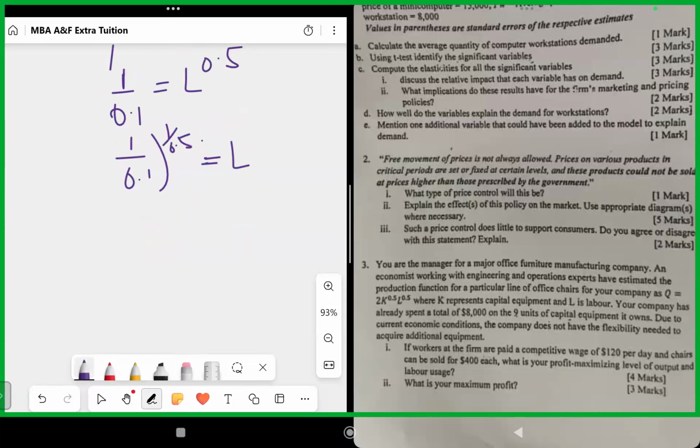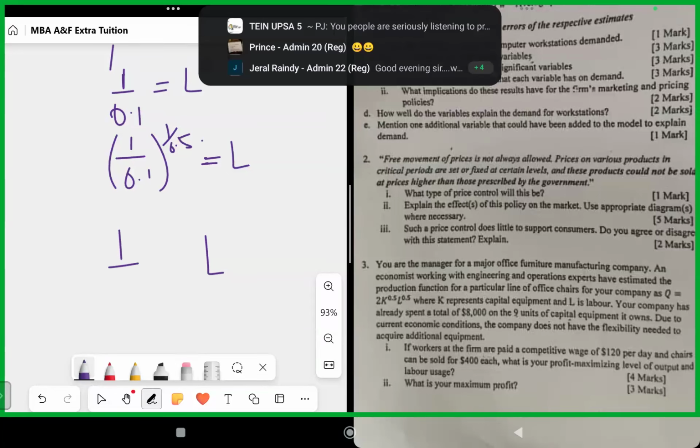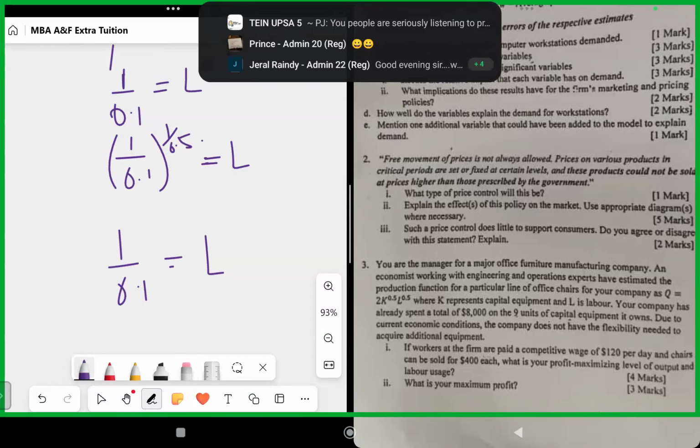Okay, so is it like we are squaring both sides? The 0.5, I told you it is half, right? So I can also write it this way: 1 over 0.1, because 1 over 0.5 is like squared. The 0.5 is half.